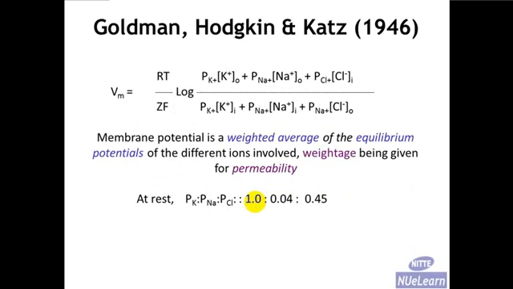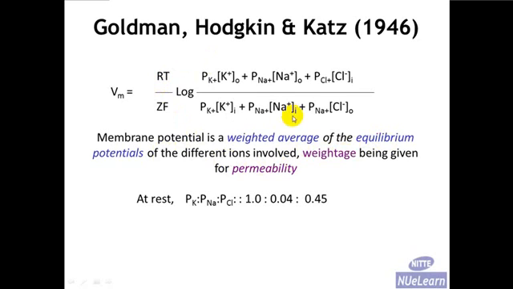In fact, this relationship of the membrane potential to the concentration of ions and the permeability of the membrane to ions is quantified and expressed as an equation which is credited to the physiologists Goldman, Hodgkin and Katz, who suggested that the membrane potential is a weighted average of the equilibrium potentials of the different ions involved, with weightage being given to permeability.